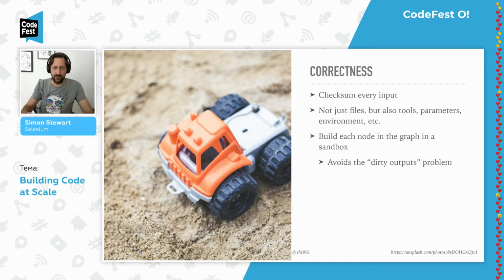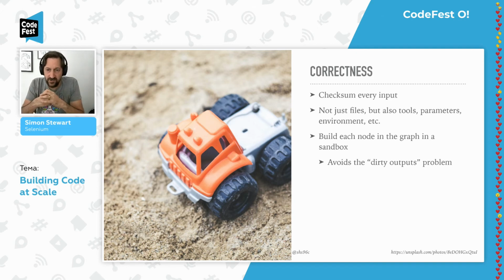And we should treat our build steps as sort of pure functions, so same input, same output. So we shouldn't just be checksumming each of the input files, but each of the inputs. So tools, parameters, the environment we run in. And we can use that to verify whether or not anything has changed.